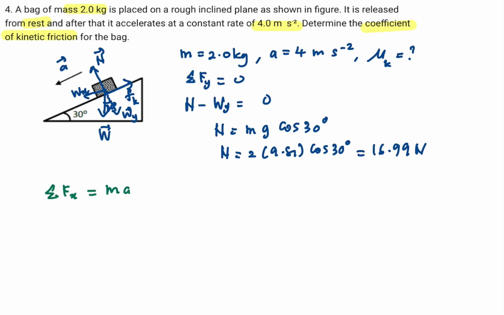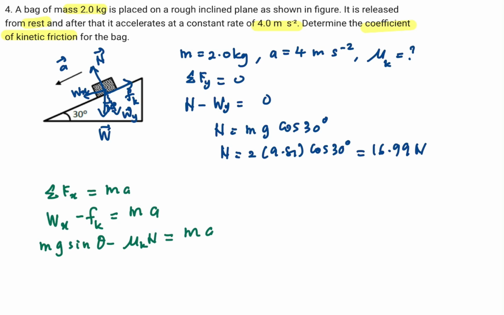Wx is in the same direction as acceleration, so it will be Wx minus Fk equal to ma. Your Wx is mg sine theta, minus mu k N, equal to ma.